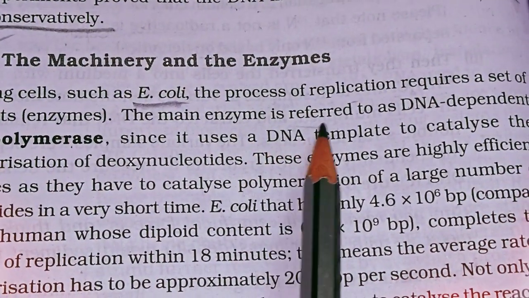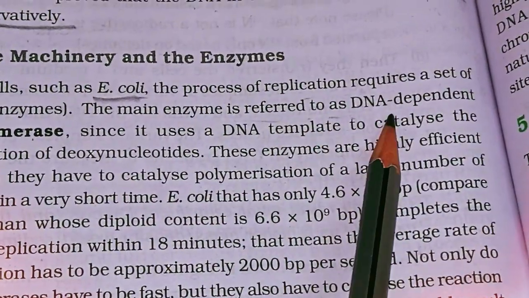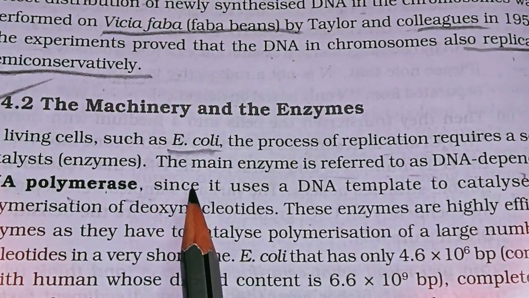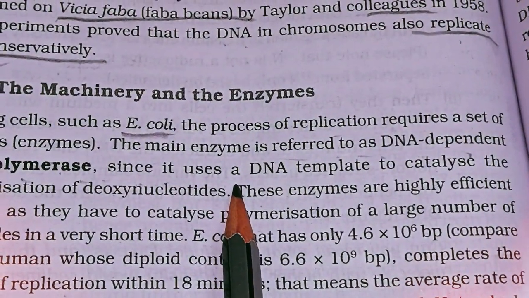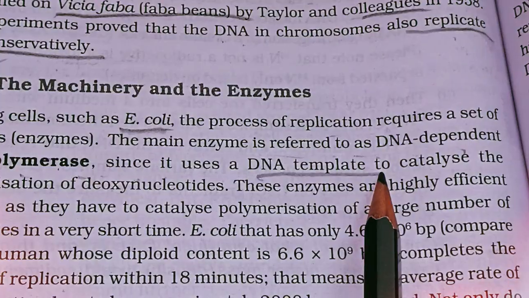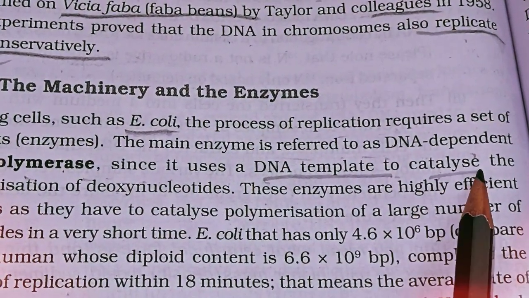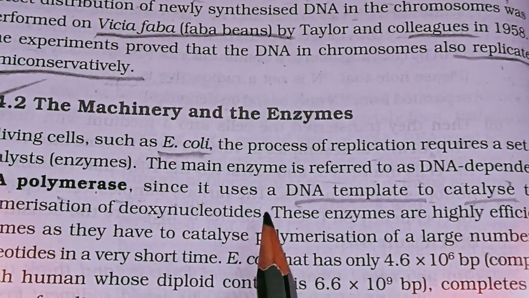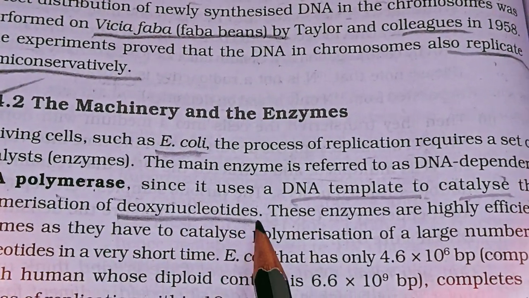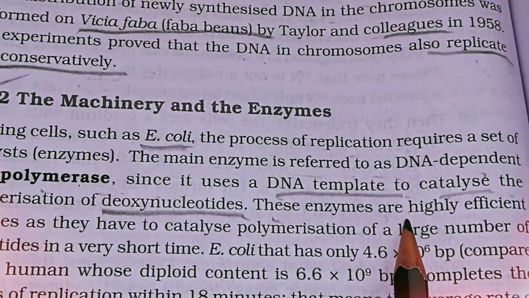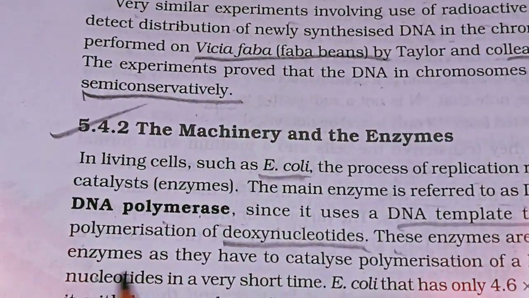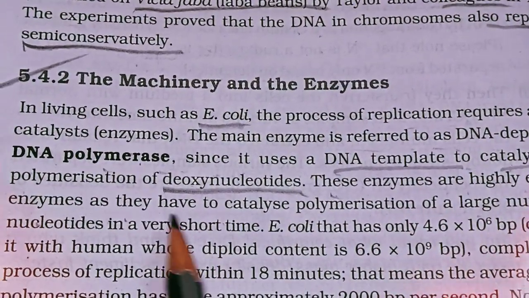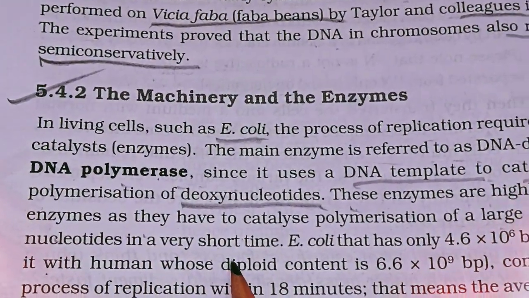The main enzyme is referred to as DNA-dependent DNA polymerase, since it uses a DNA template to catalyze the polymerization of deoxynucleotides. These are highly efficient enzymes as they have to catalyze polymerization of a large number of nucleotides in a very short time.